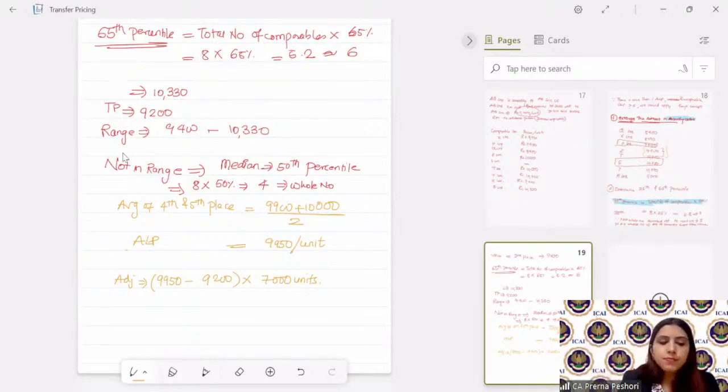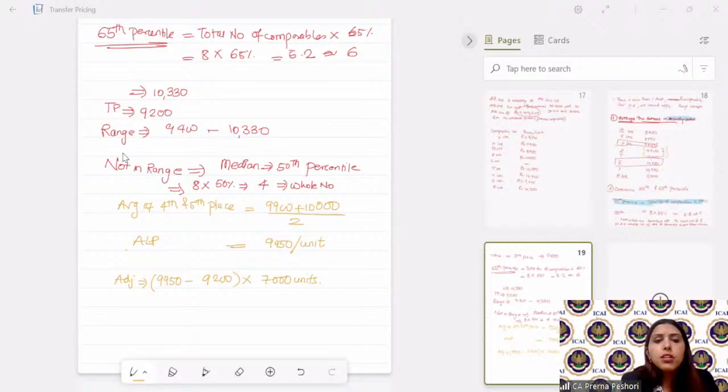Are we clear? Now, under the range concept also, it is possible to have multiple years data. The comparables data can be of multiple years. The Act allows the data of the earlier years also.